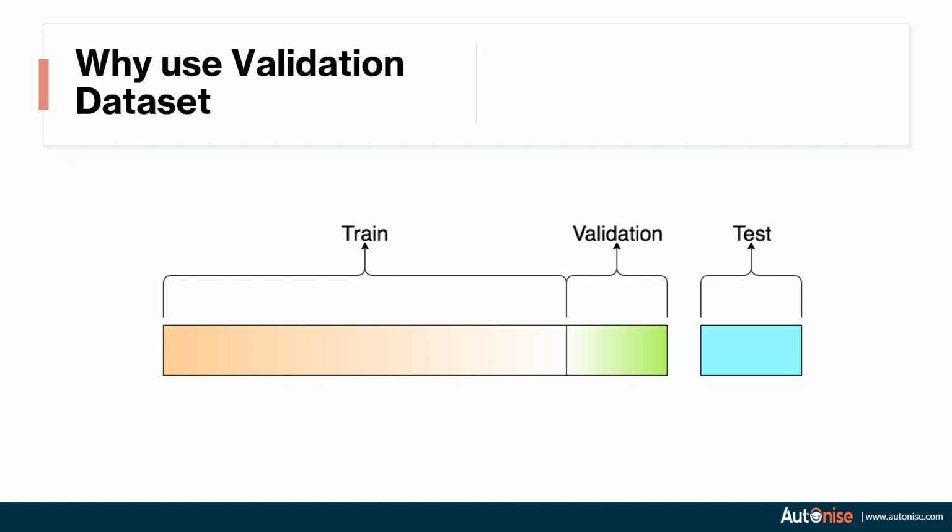But what can happen is that there is the human factor as well. It is not just the neural network which is trying to overfit, even humans try to overfit their models. So if you keep on training new models and keep on testing the accuracy on the test dataset, you can keep on changing the hyperparameters such that your current model is able to perform well on both the training as well as the testing dataset.